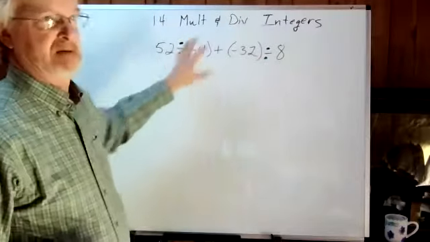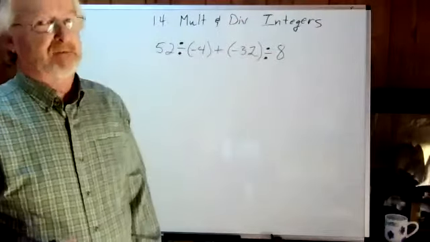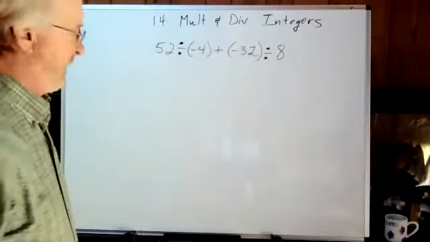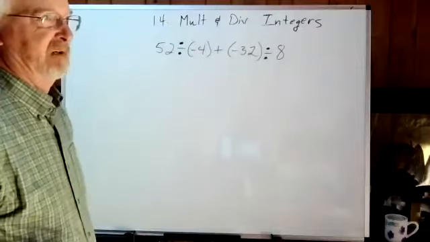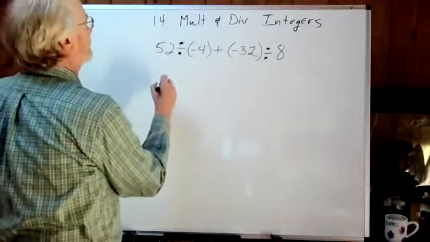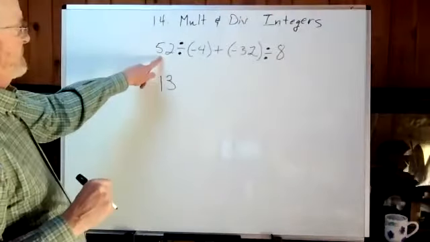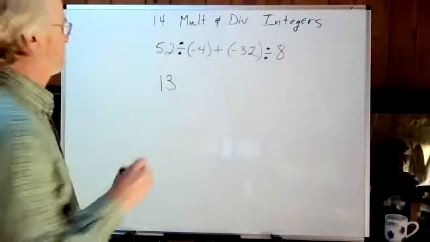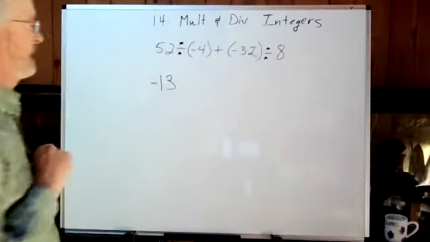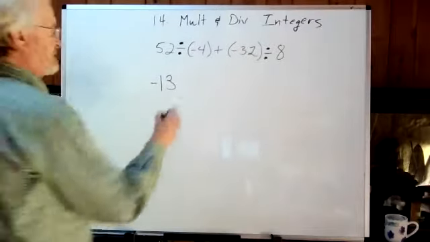What's 52 divided by 4? Everybody's favorite long division, right? 13, I think. Positive divided by negative gives negative 13. That's what we want to get out of that, the sign there.